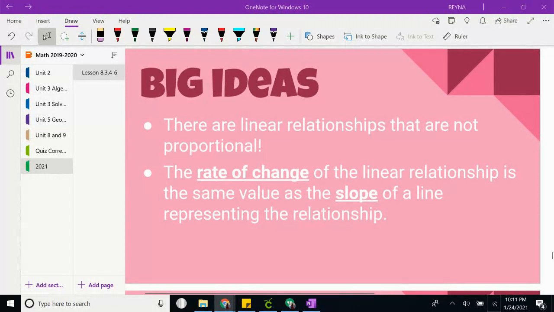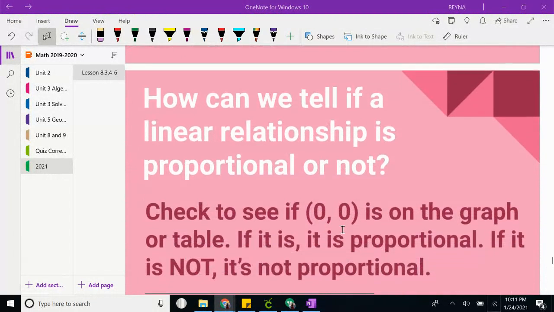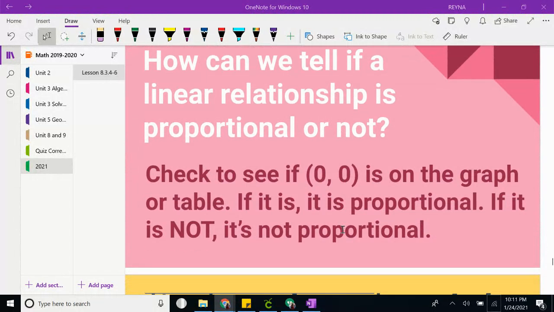Oh, constant. Your constant of proportionality. So rate of change is the same thing as your slope, which is the same thing as your constant of proportionality. How do we know if something is proportional or not? It has to be a straight line and it has to go through 0.